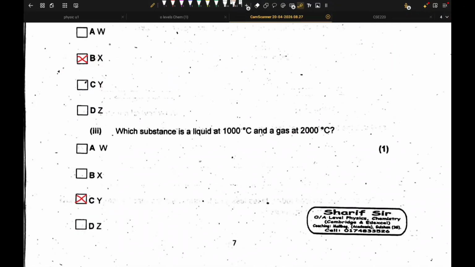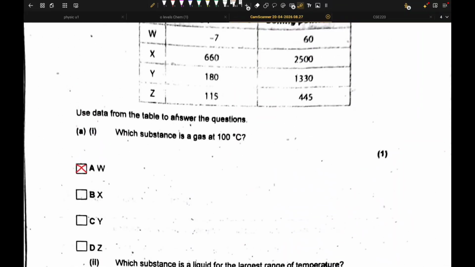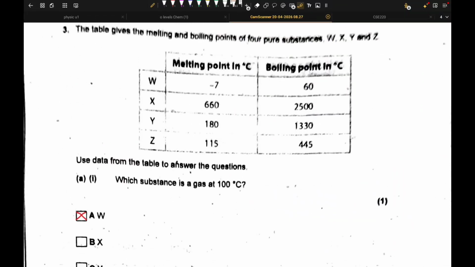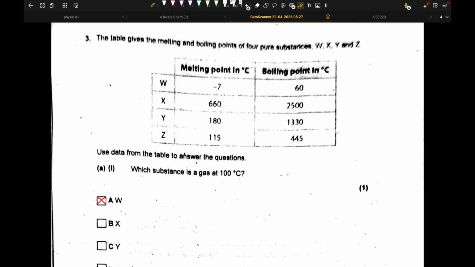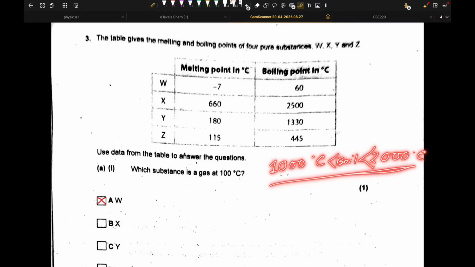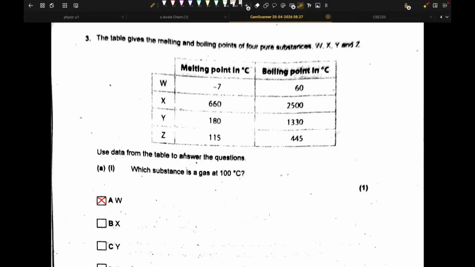Which substance is a liquid at 1000 degrees Celsius and a gas at 2000 degrees Celsius? I'm just pulling it up so we can see it from here. The temperatures are 1000 degrees Celsius and 2000 degrees Celsius. As it is a liquid, my boiling point should lie in this range. I need to find a melting point for which it is a liquid at 1000 degrees Celsius.